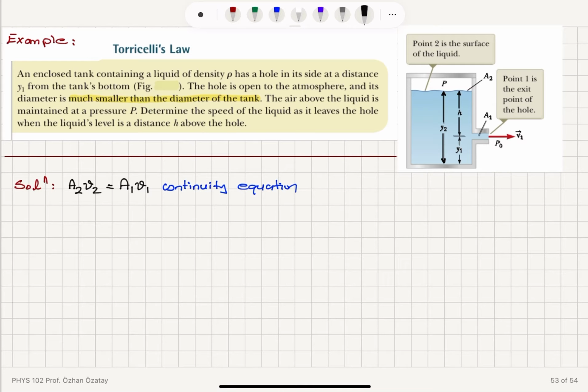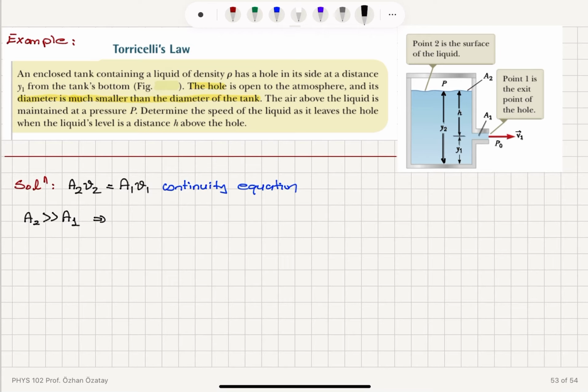However, we have an important statement here. The hole is open to atmosphere and its diameter is much smaller than the diameter of the tank. So this is saying A2 is much greater than A1, right? So this diameter is small compared to this one, so that means the area is much smaller.